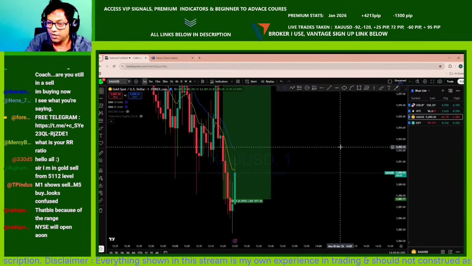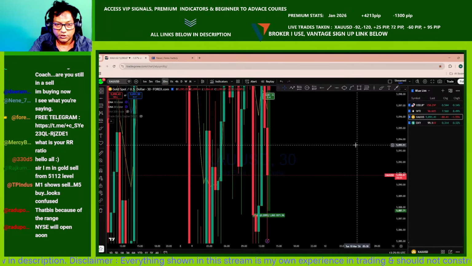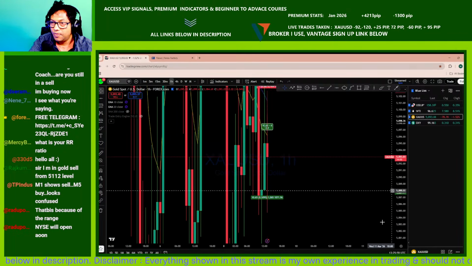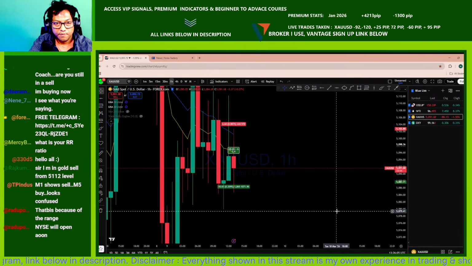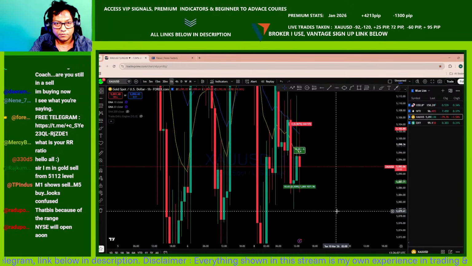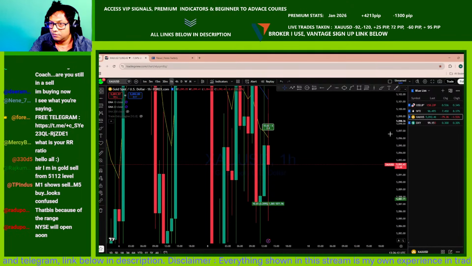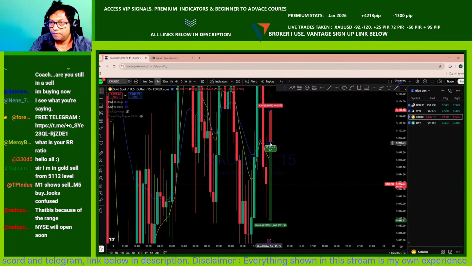Okay, here's the market with quite a few long wick candlestick patterns, again trying to break above here. Are you going to see a new higher high? Struggling to trend here in that area.